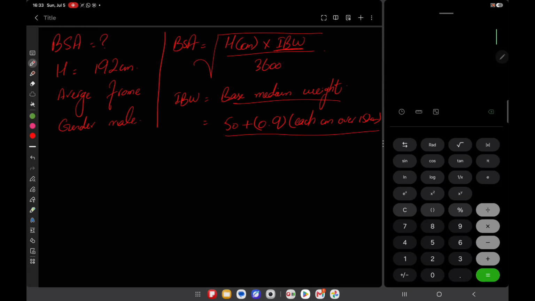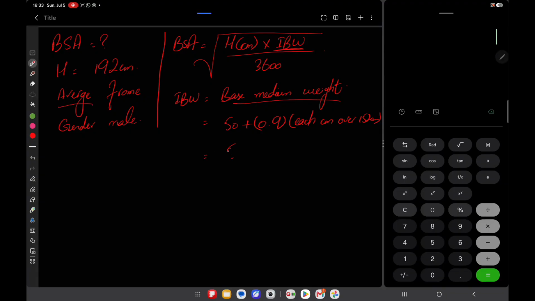So this is the formula. Now we have to calculate it. We will not multiply it with 1.10 because we are told that the frame is average.